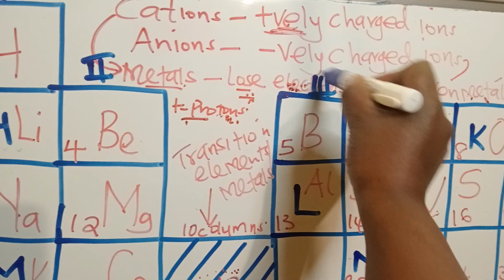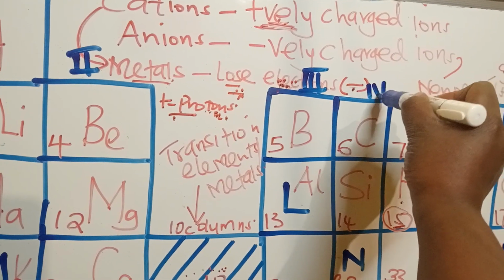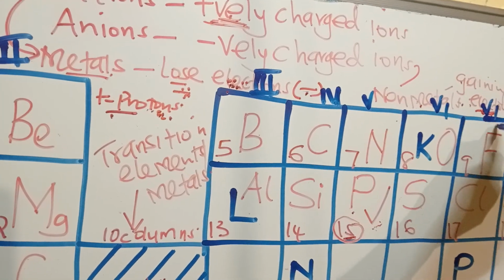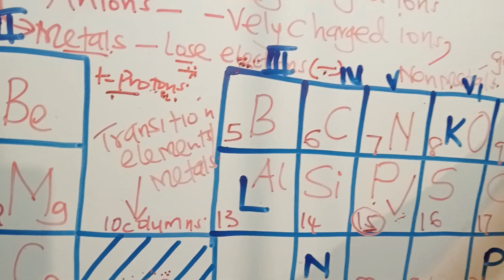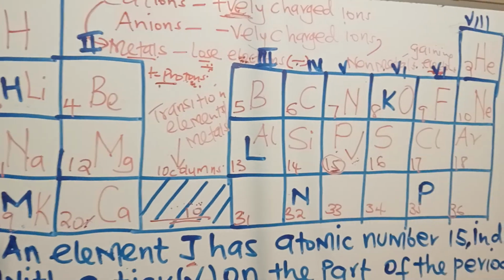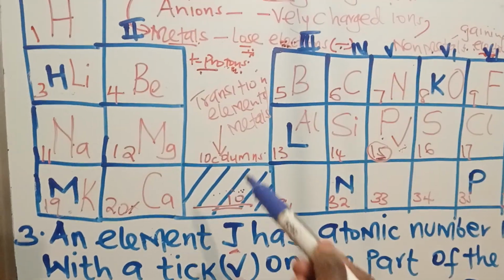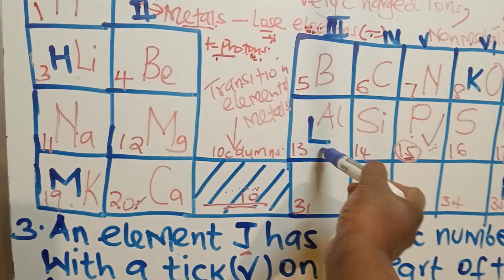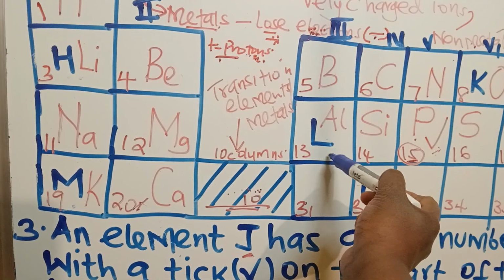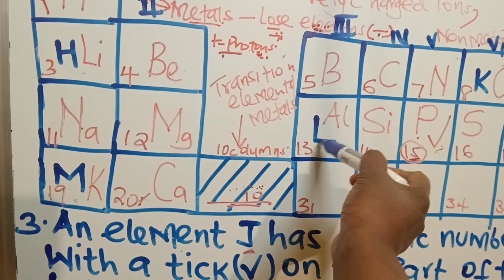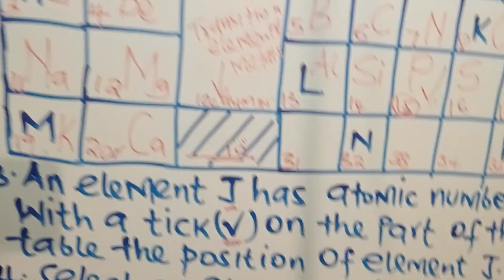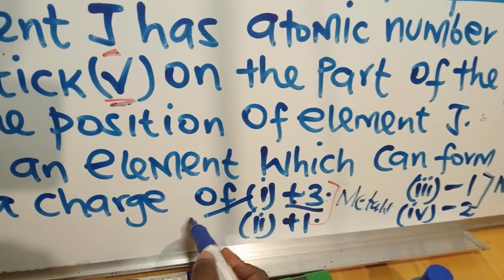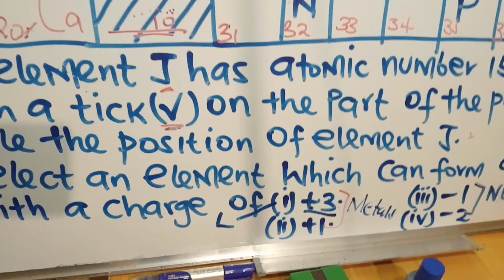Then here we have group 3, group 4, group 5, group 6, group 7, and group 8. So the element that has a +3, meaning it is a metal that will have lost 3 electrons, is actually element L. So we go down here and we say that this one is element L.